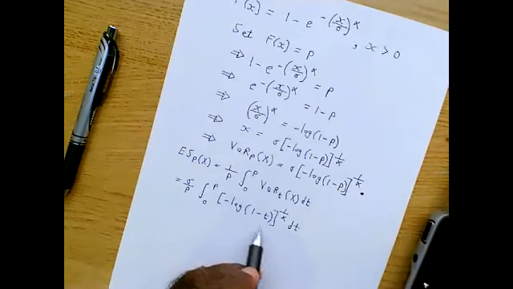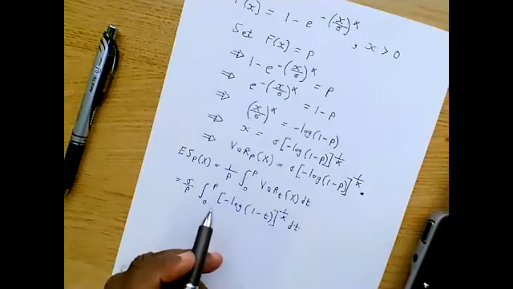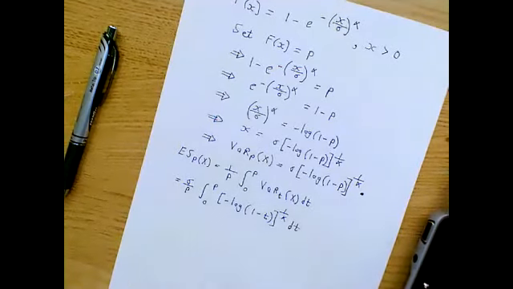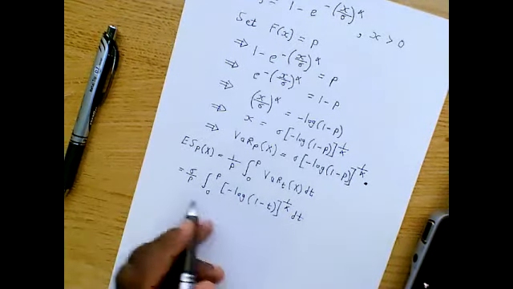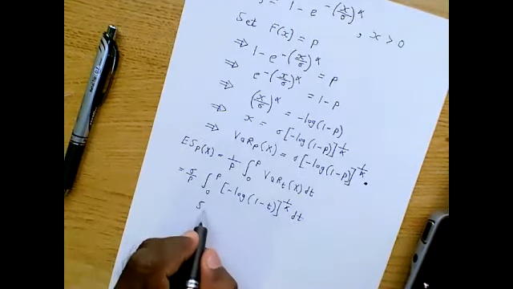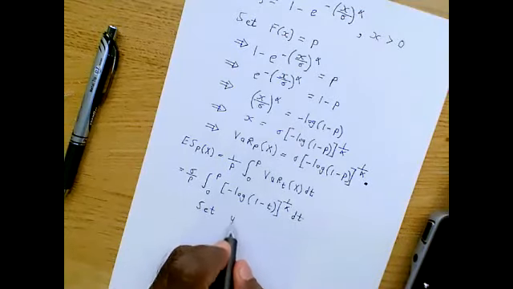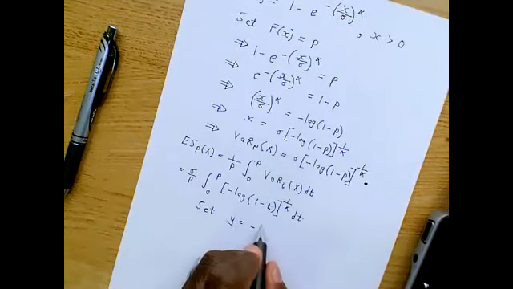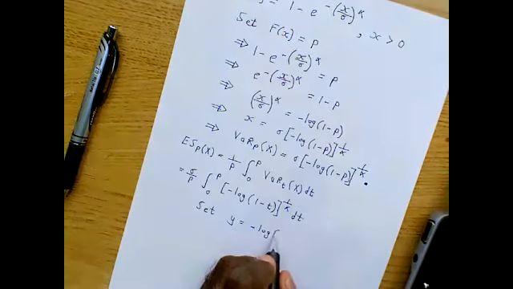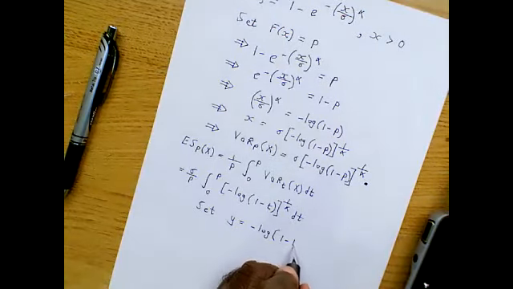Now once again to integrate this, you will need a substitution. In this case, the natural substitution to make is to set y equal to minus log of 1 minus t.